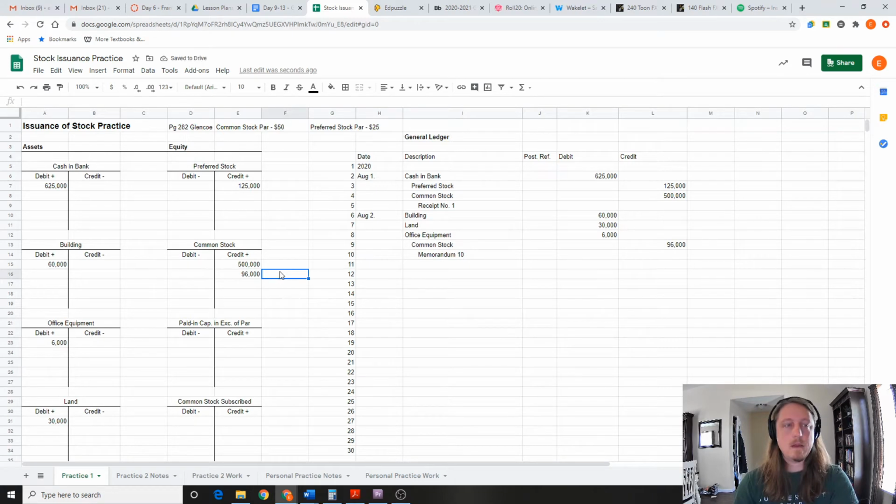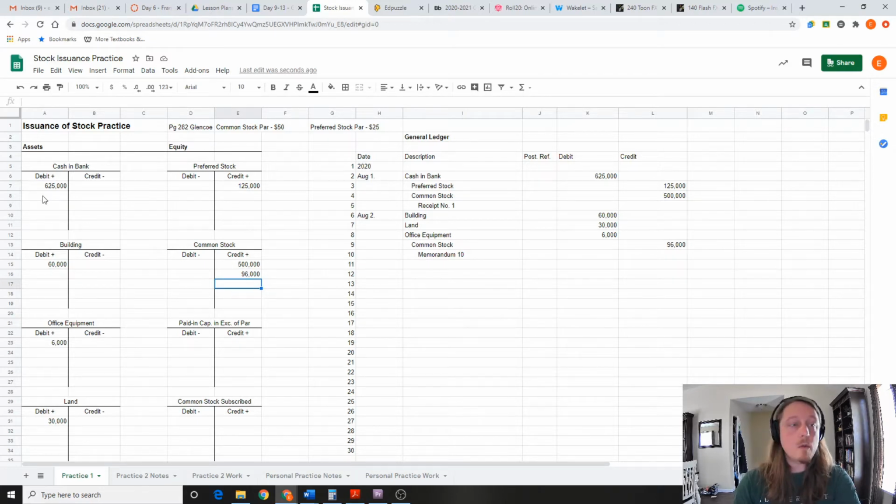Okay, let's say that in our third example we issue stock, but people pay more than its par value. So let's say that our stock is worth $50, but we sell it for $60. So we're going to sell 1,000 stocks at $60. Now the par value is only $50.